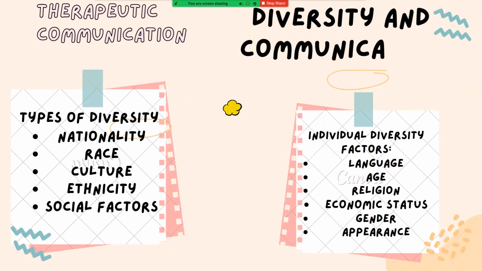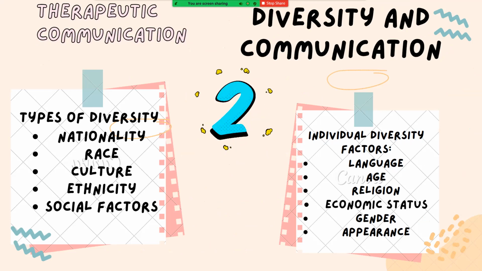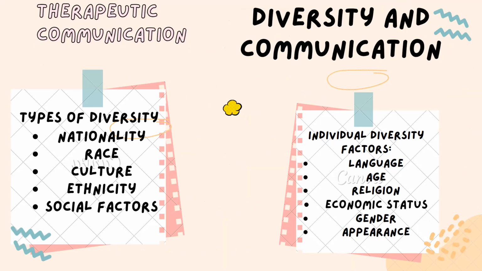So we're going to move straight into chapter 2, Therapeutic Communication. Types and diversity in communication. Types of diversity can be nationality, race, culture, ethnicity, I'm sorry, I have trouble saying that word, social factors.